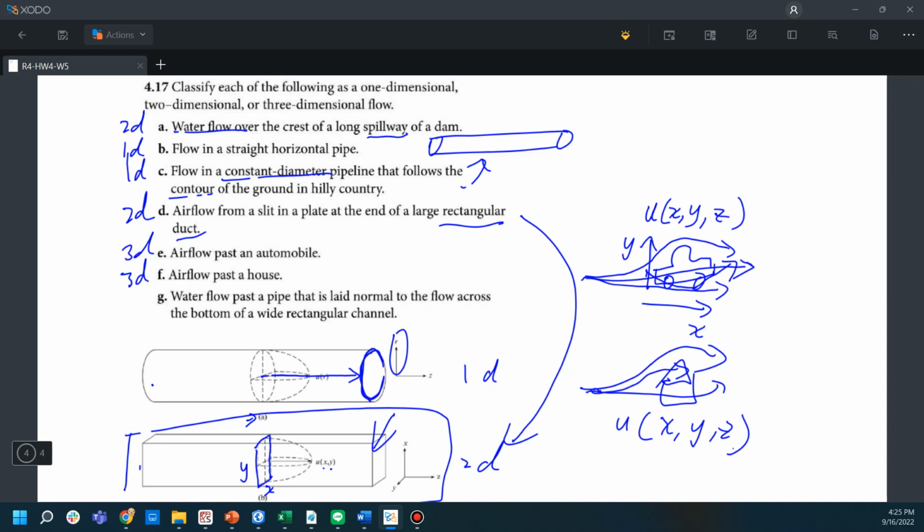And for G, the water flow past a pipe that is laid normal to the flow across the bottom of a wide rectangular channel. So we can turn this.